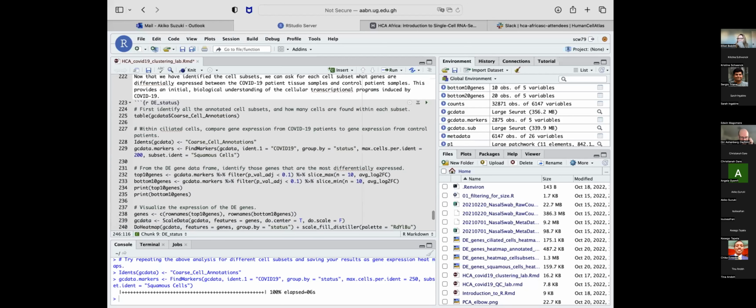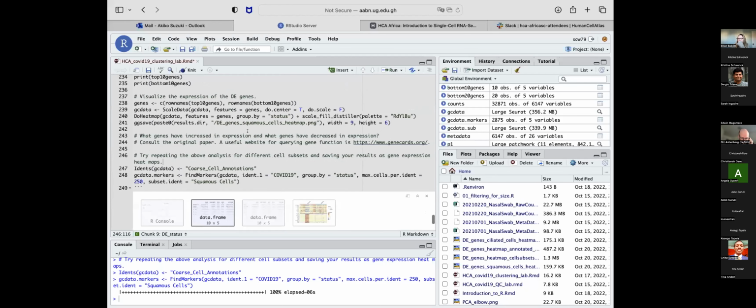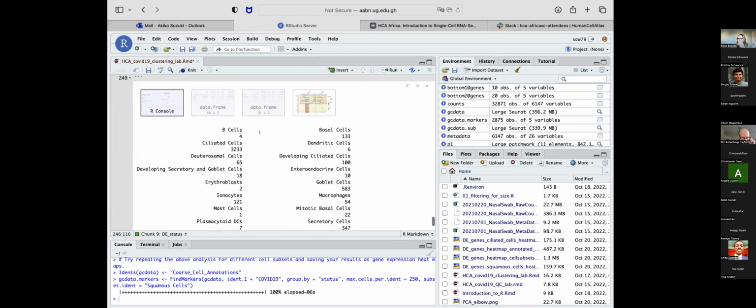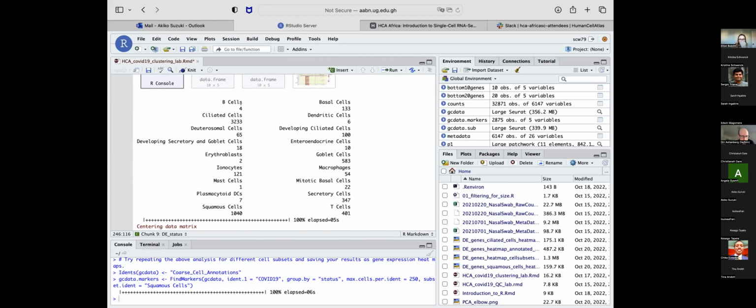So first we looked at the number of cells for each cell type. Okay, so B cells, we have 4, and this is the table.